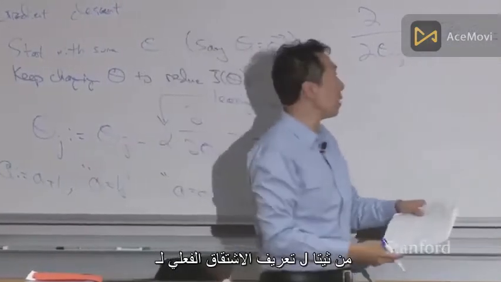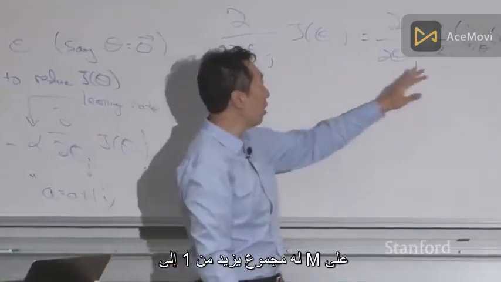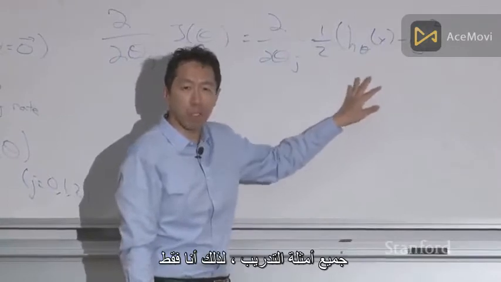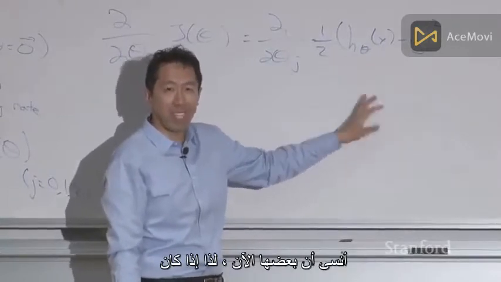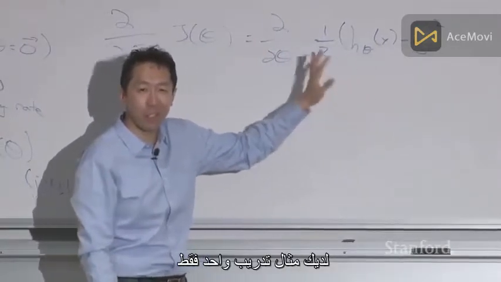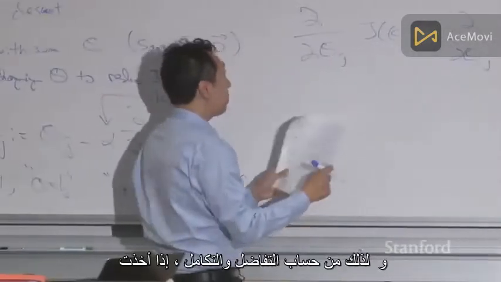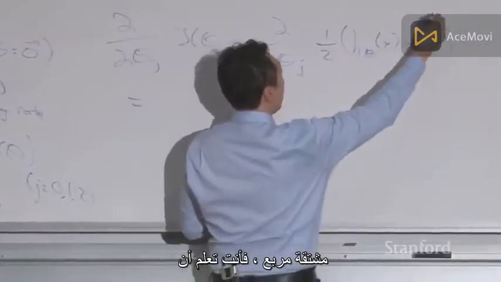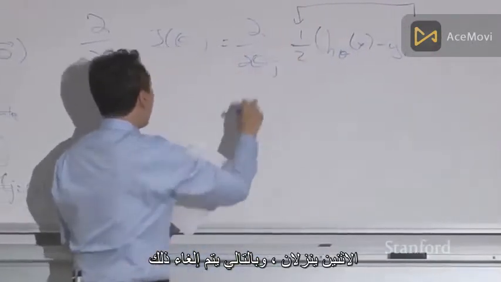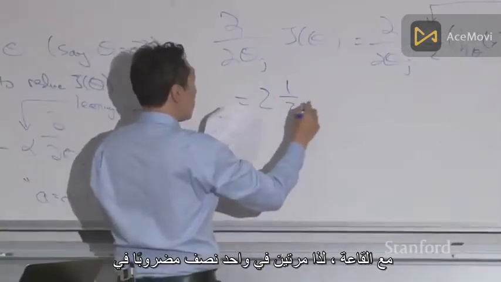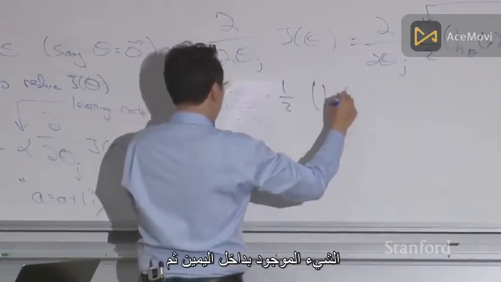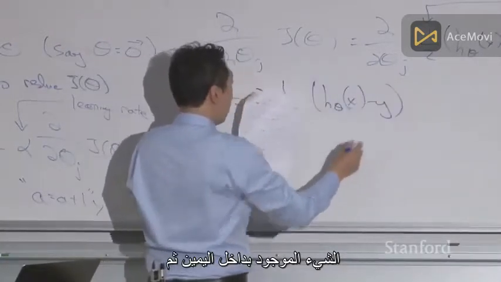The actual definition of J of theta has a sum over i from 1 to m over all the training examples, so I'm just forgetting that sum for now. So if you have only one training example, from calculus, if you take the derivative of a square, the 2 comes down, and that cancels out with the half. So 2 times 1/2 times the thing inside.